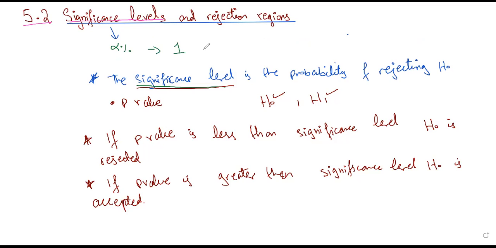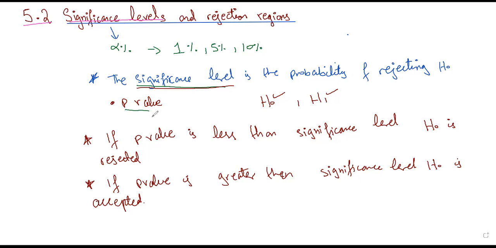It can be 1%, it can be 5%, it can be 10%, it would be given in the question. And why is significance level required? Significance level is the probability of rejecting H naught.